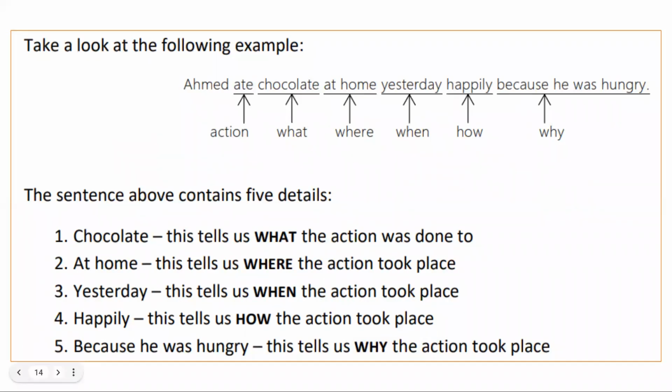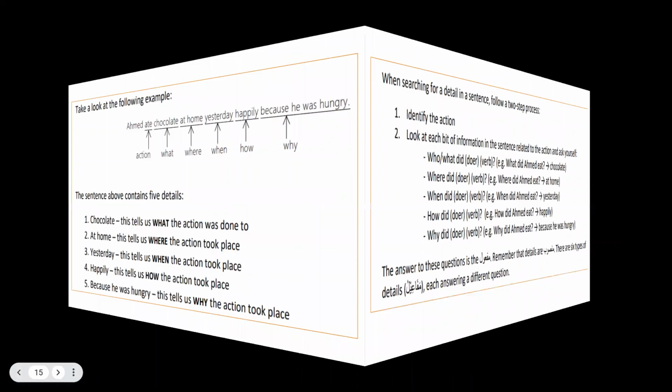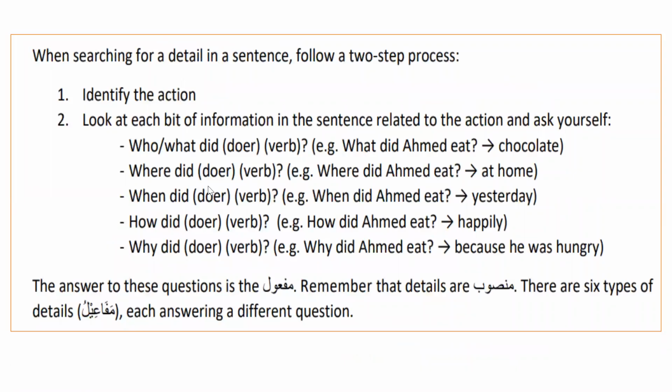Now let's see how to identify. Again, we know these are the questions you are going to follow. But before you look for maf'ul, first identify the action word, the fil, and the doer. First identify the fil and the fa'il, and then ask who or what the action was done to. Okay, so that is your maf'ul bihi. Then you see when and where the action took place.